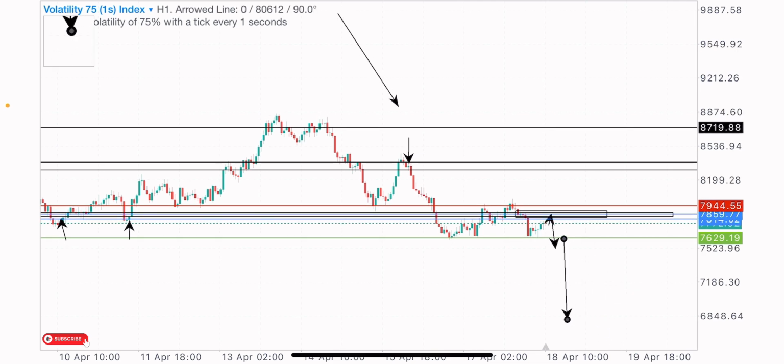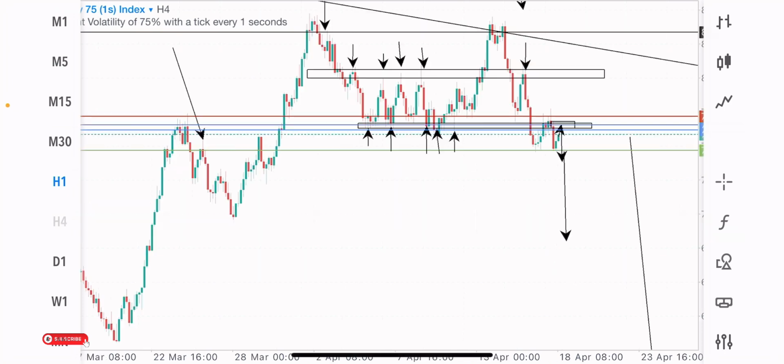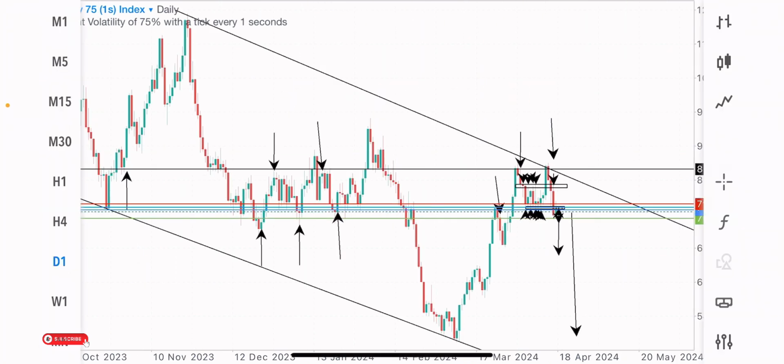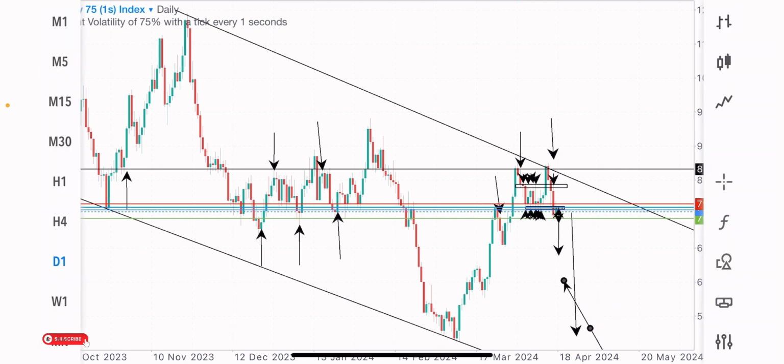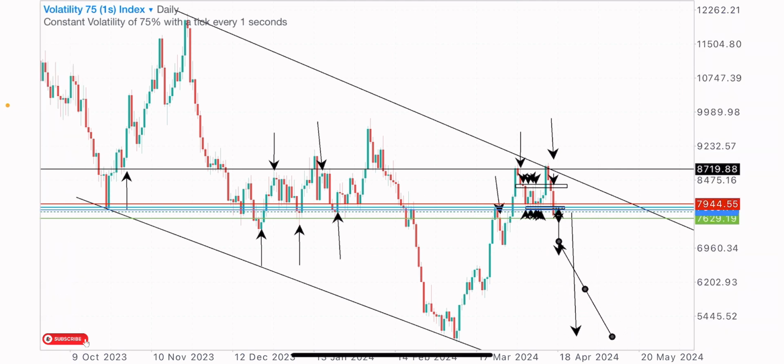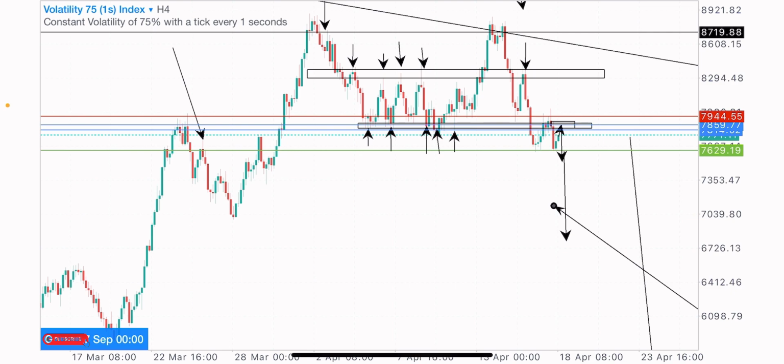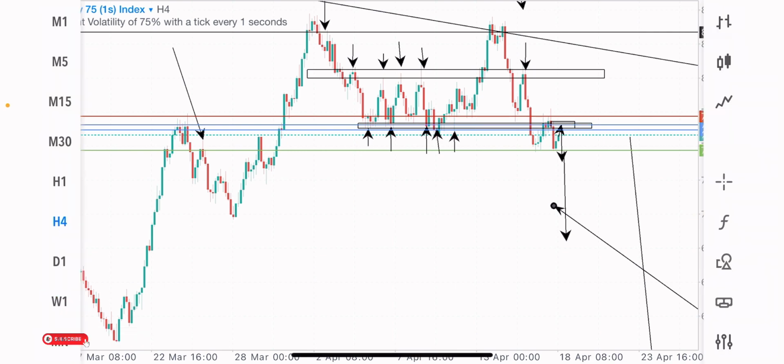I'm expecting long-term sells on the VIX 75 1S index. Looking at the market structure from a high time frame, it's clear that this index is coming from a strong level of resistance, our trend resistance level and our horizontal resistance level. So we could get more sells on this index in the coming hours, days and weeks probably. My first TP level is on that green line.